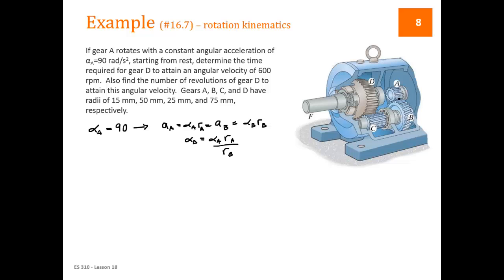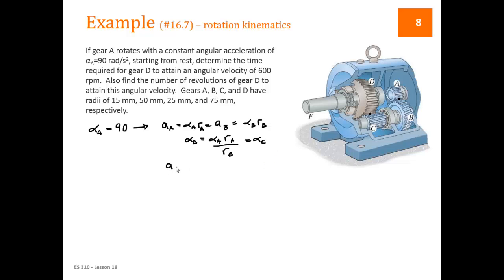Now the shaft of B is attached to the shaft of C. So from B to C, alpha B is equal to alpha C, because they're on the same shaft, so if B is accelerating with an angular acceleration, C will have the same angular acceleration. Then we have a point on the gears where C is meshed with D. So knowing alpha C can give us AC.